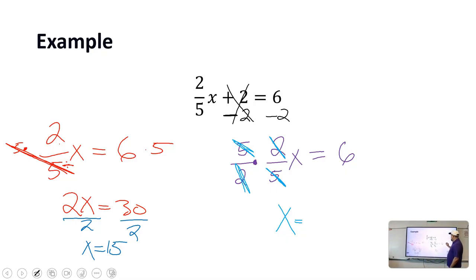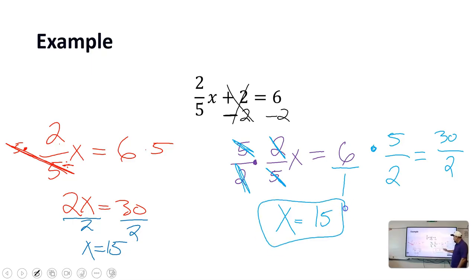So I'm going to come over here, and I'm going to multiply by 5/2. Now notice this 6 doesn't have a number below it. If you ever have a whole number or constant, you can always just put it over 1. Okay, now we're just going to multiply. 6 times 5 is 30 on top. 1 times 2 is 2 on the bottom, and 30 divided by 2 is 15.